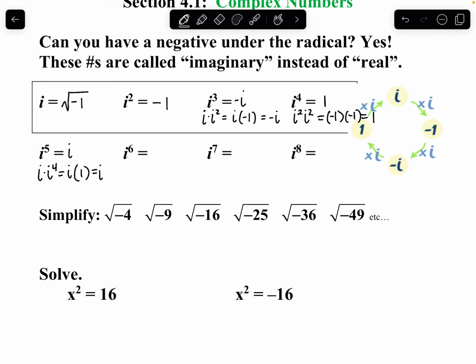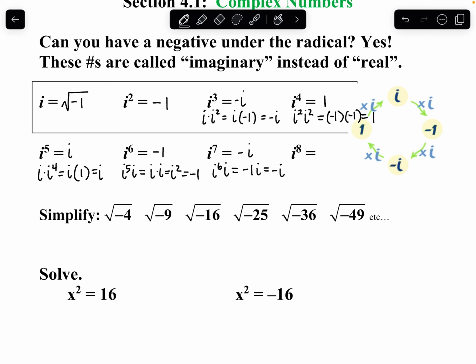And then i to the 6th is i to the 5th times another copy of i. And i to the 5th we know is just i, times that copy of i. So now we're back to i squared, which is -1. i to the 7th would be i to the 6th times another copy of i. i to the 6th is -1, and then we have i, so we're back to -i.